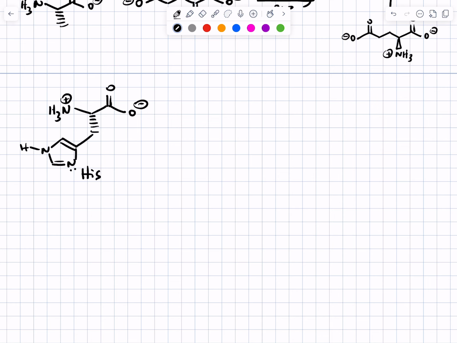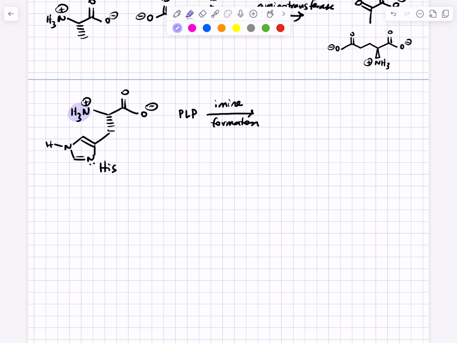And then, of course, you've got PLP. What we're going to do is imine formation between the aldehyde of PLP and the nitrogen of histidine. So we'll draw the imine product. We would call it the histidine aldimine.